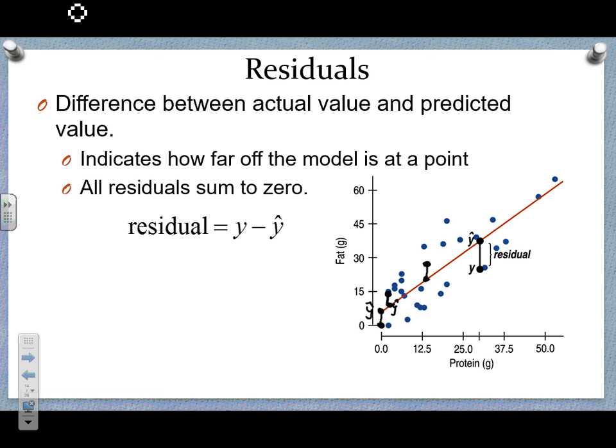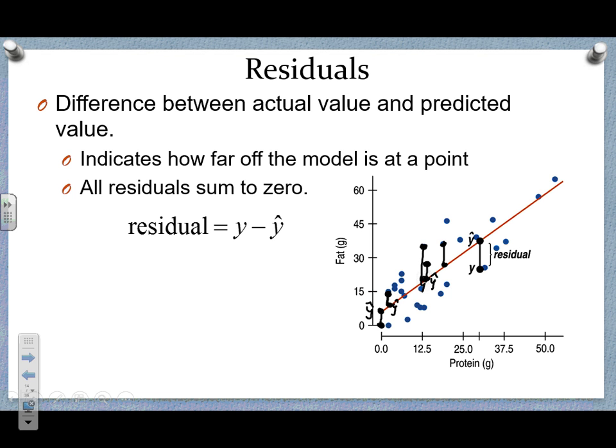We just go through all the different points. If we were to do that for every single one of our points that we collected, we would expect our residuals to come out to 0. Why would that make sense?